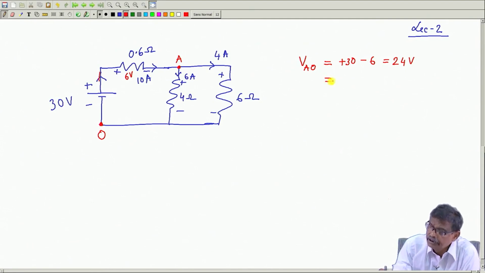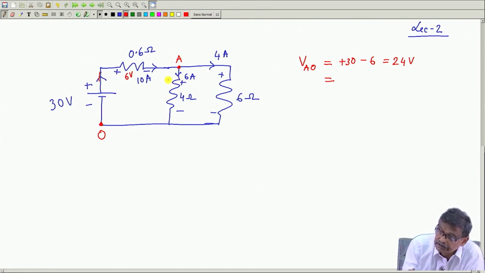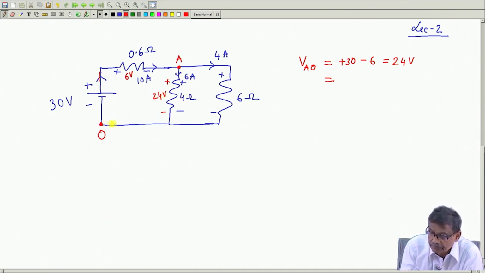As I told you, it does not matter how you reach point A starting from O. For example, if you go via this path, then from here to here there is no voltage drop, but from here to here the voltage drop is this, plus minus 6 ampere into 4. So, 24 volt. So, you have reached this point, then from this to this you have reached A. So, that is also 24 volt.